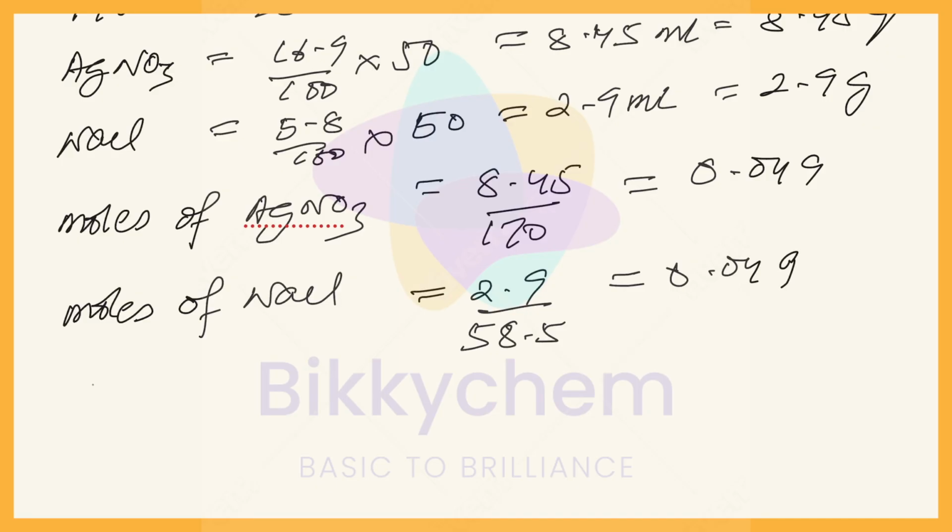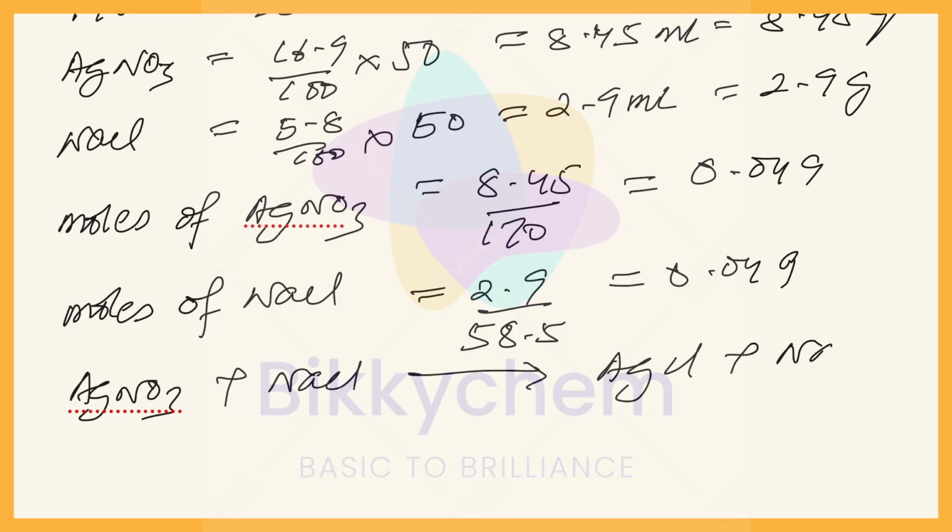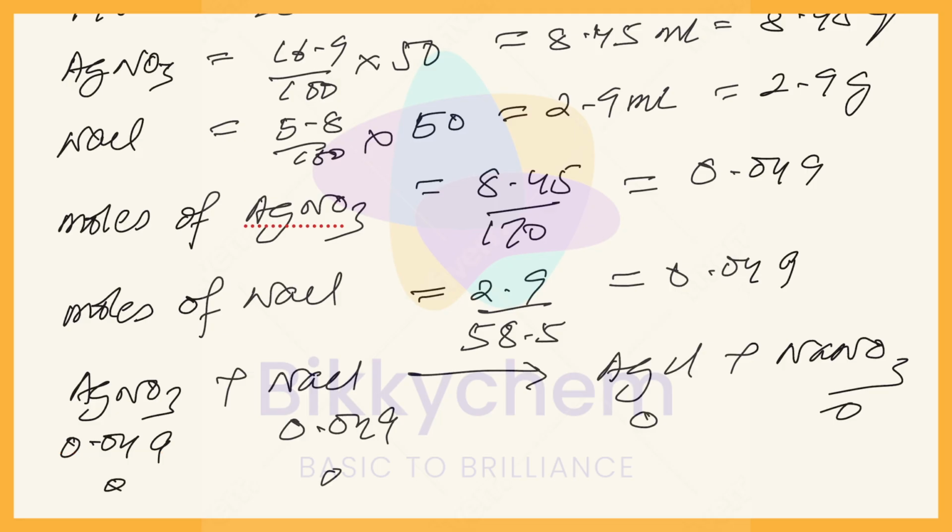Okay, then again AgNO3 plus NaCl gives AgCl plus NaNO3, where at the starting point it was 0.049 and it was 0. So when the reactants become 0, the products become 0.049, 0.049.